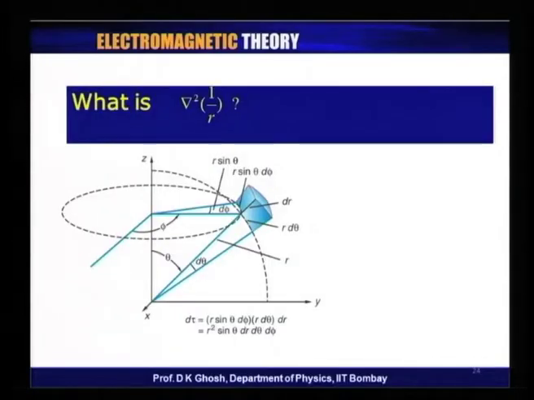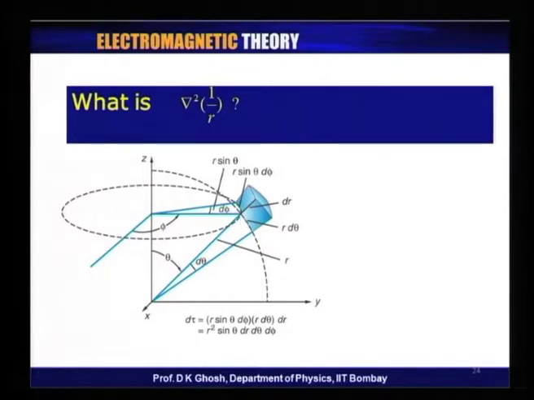The other thing that I want to point out in this is what is a volume element in this spherical polar coordinate system. Now, look at this picture. Here I had a point P, and I am looking at how much is the length element in various directions.